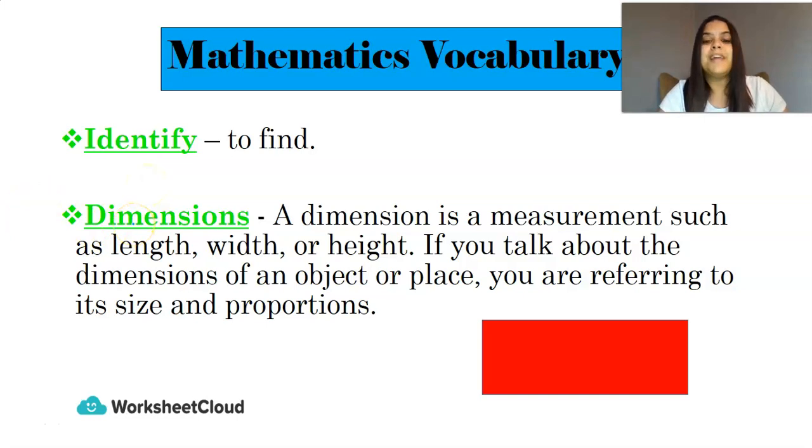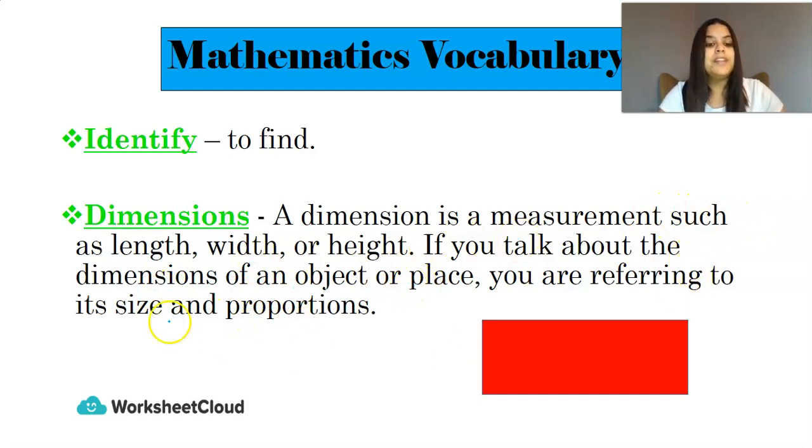And then dimensions. So the reason why I put dimensions here is because we're going to be looking at 2D shapes. And one of the most important parts of 2D shapes is dimensions. So a dimension is a measurement such as length, width, or height.